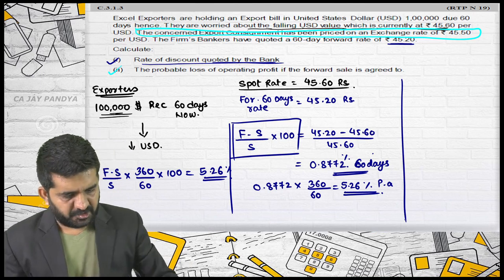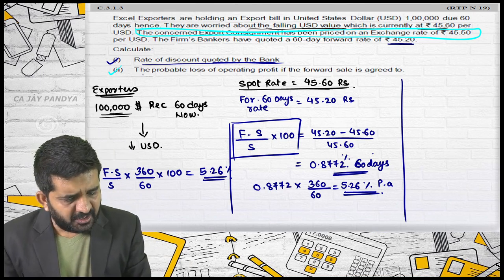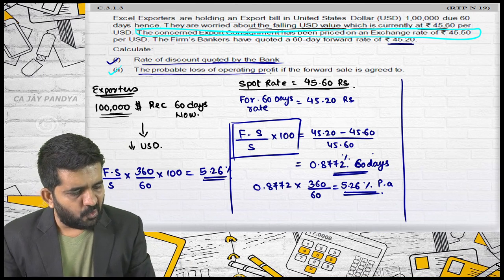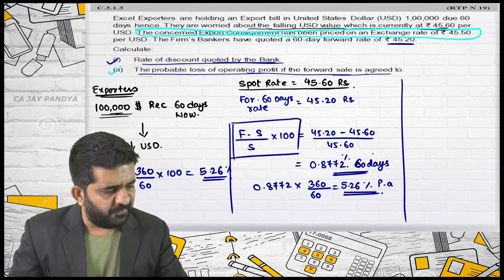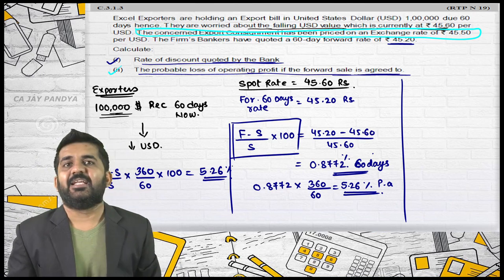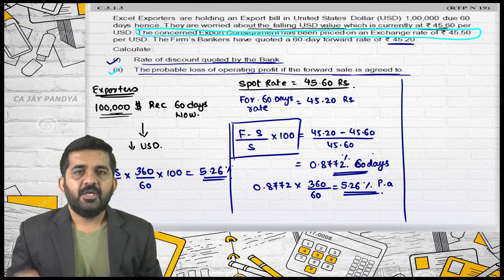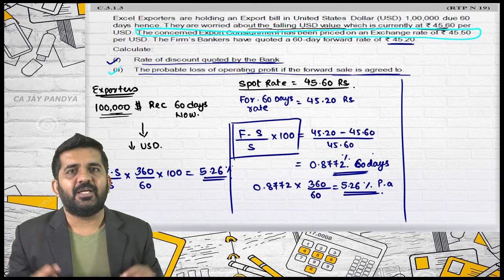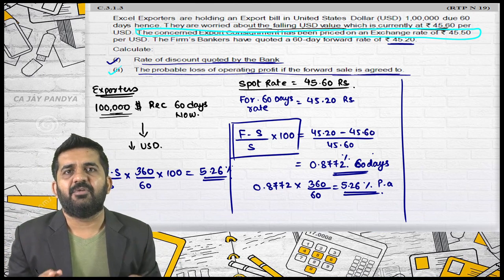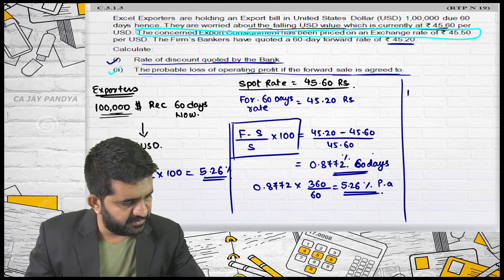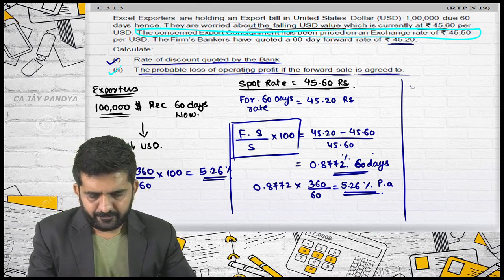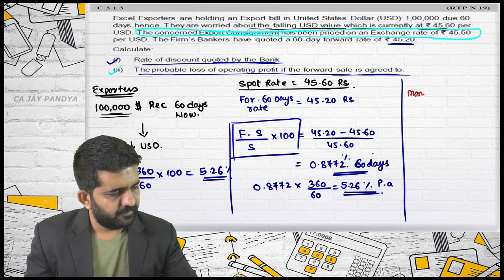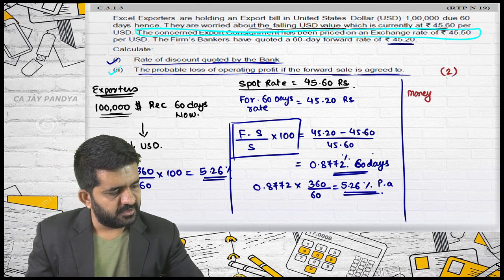Question number 2. Try to concentrate. What is the probable loss of operating profit if a forward sale is agreed to? If the forward sale is agreed to, first let me understand how much money I will receive after 60 days. This is answer number 2.